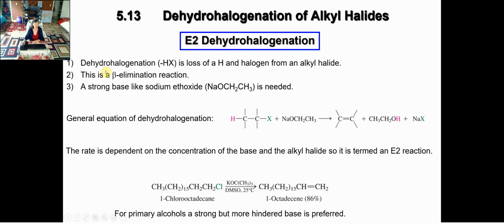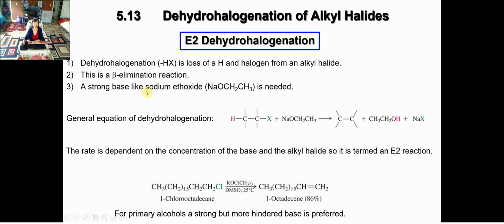So again, dehydrohalogenation means you remove HCl or HX, hydrogen halides. So this is a loss of hydrogen and halogen from your alkyl halide to form an alkene. This reaction is also considered beta elimination. Dehydrohalogenation is also a beta elimination.